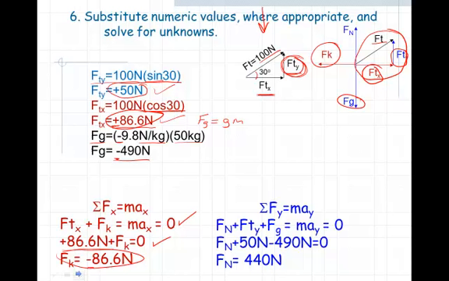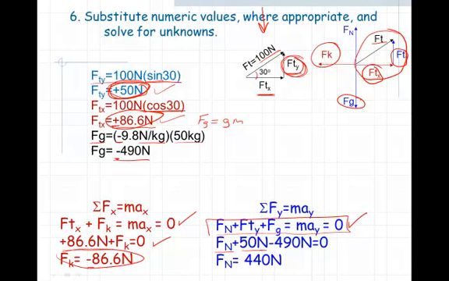Now let's look at the vertical. In the vertical, we calculated that this is our Newton's second law equation in the vertical direction. Now, we're looking for the normal force, so that's our unknown. FTY we solved to be a positive 50 newtons, so we substitute that in for our equation.